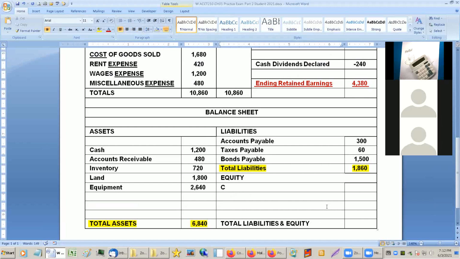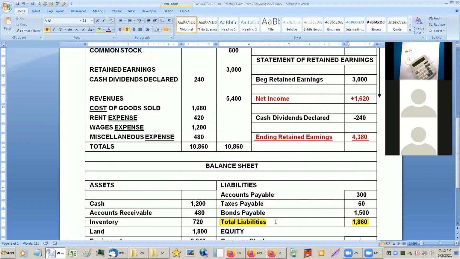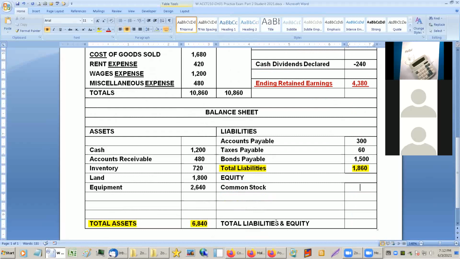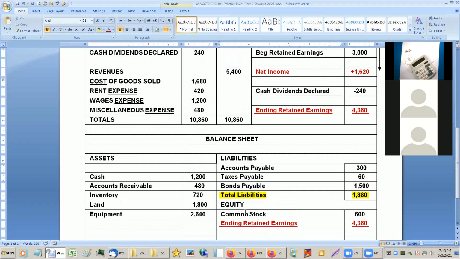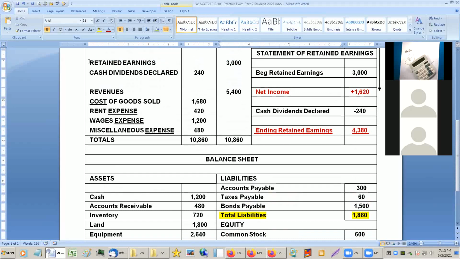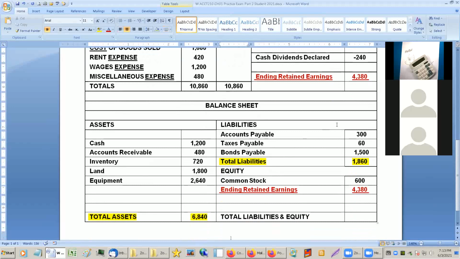Okay, equity, we have common stock. The owners. 600. And the one that a lot of people miss, hopefully nobody misses it, is the ending retained earnings. The only mistake is usually in there, usually if they put the beginning retained earnings.